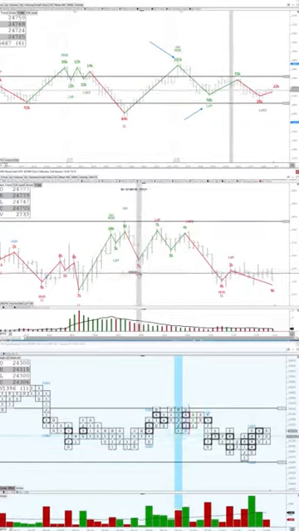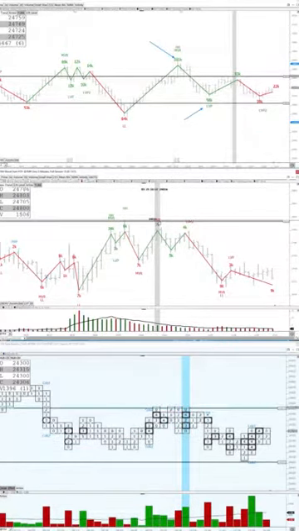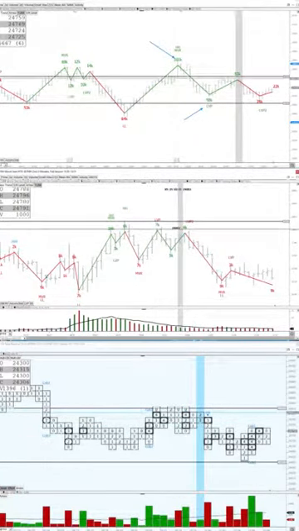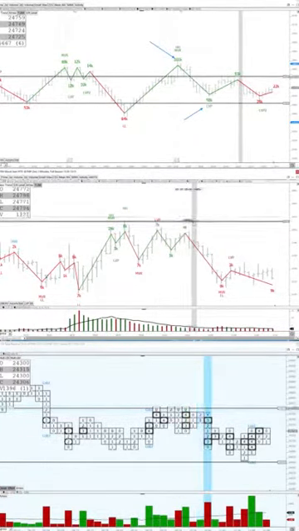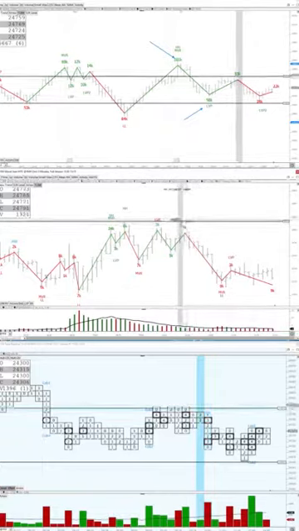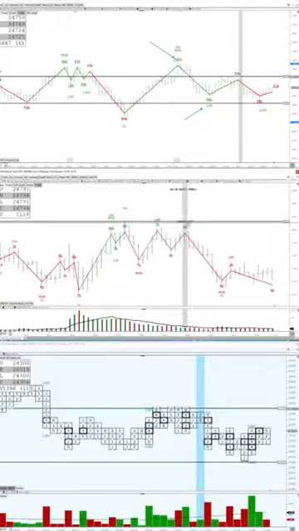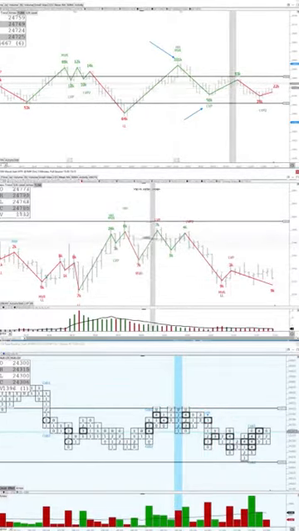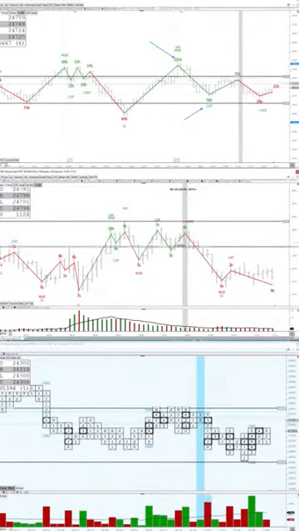Okay, after this rally, less volume on the pullback. So now it goes down on 5,000 and then goes back up on 4,000. And again, you get less volume on the pullback too. That's the retest. What it means is they tried once and they tried twice and they failed.